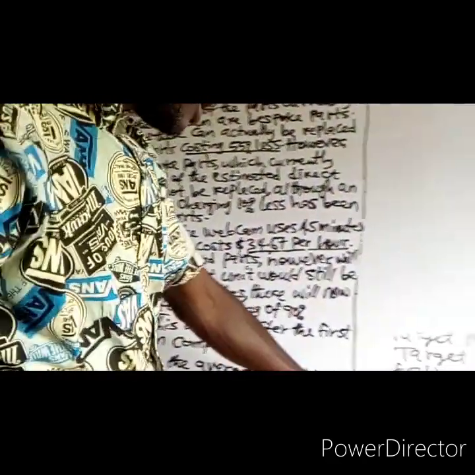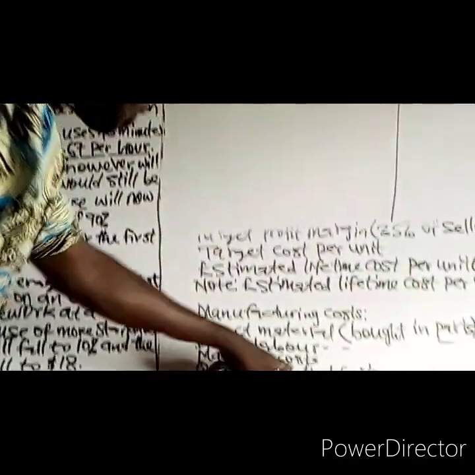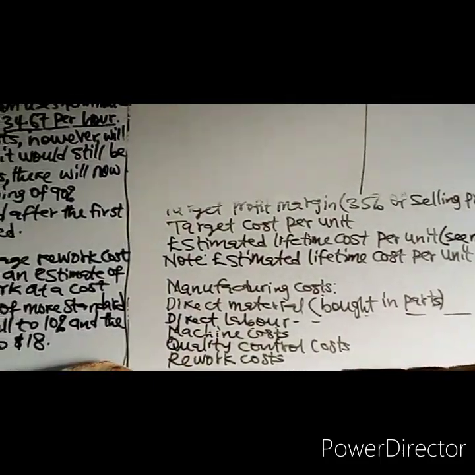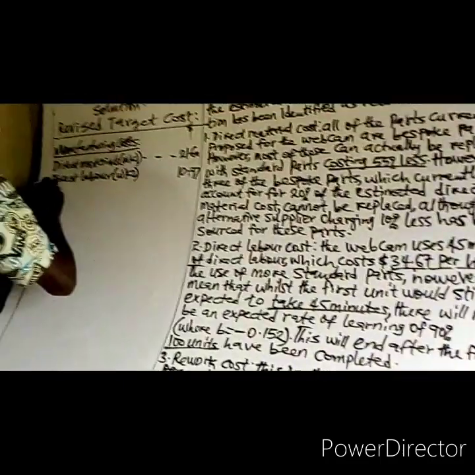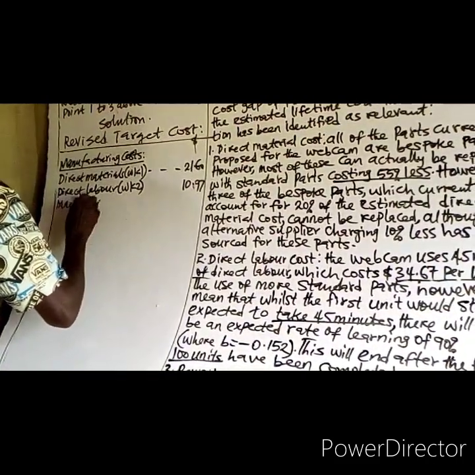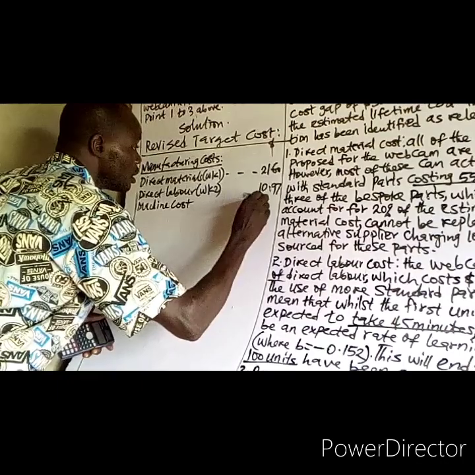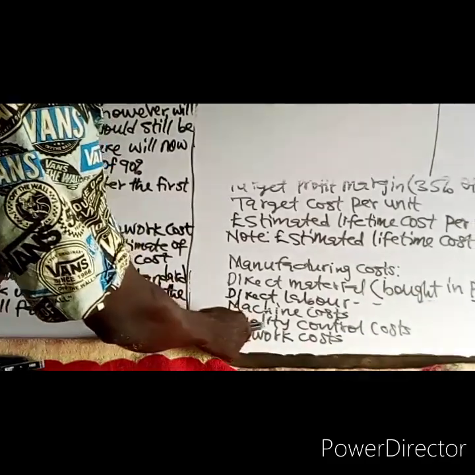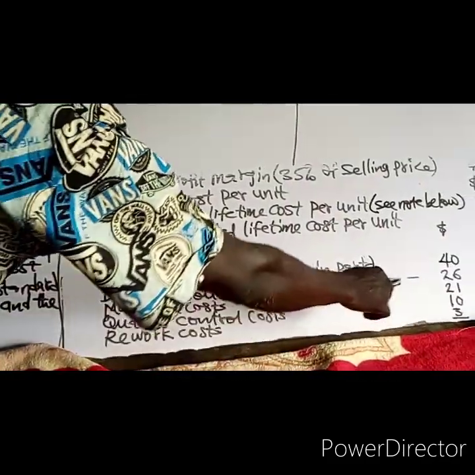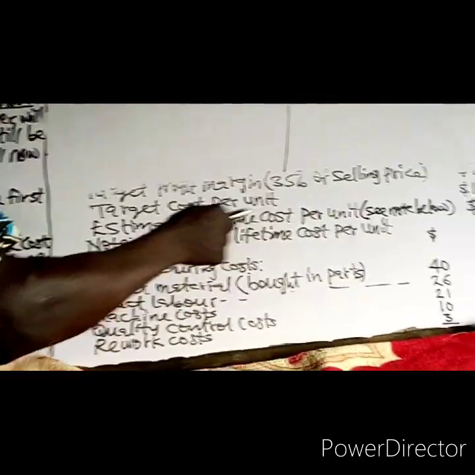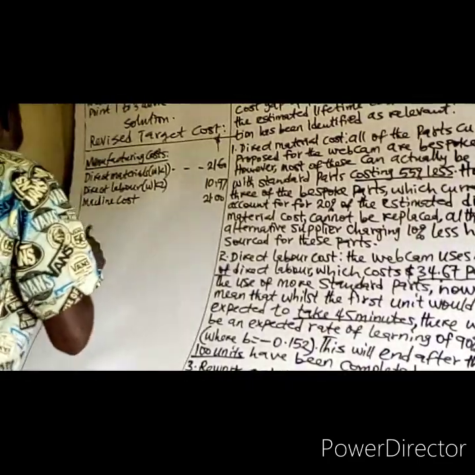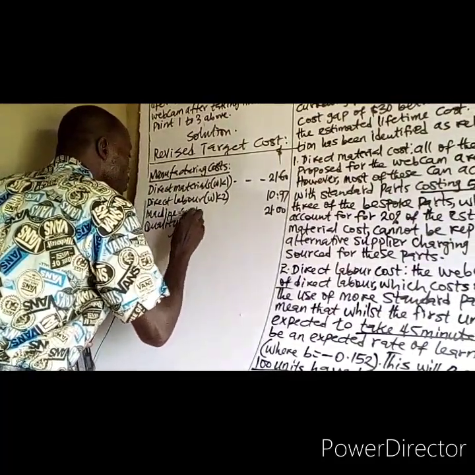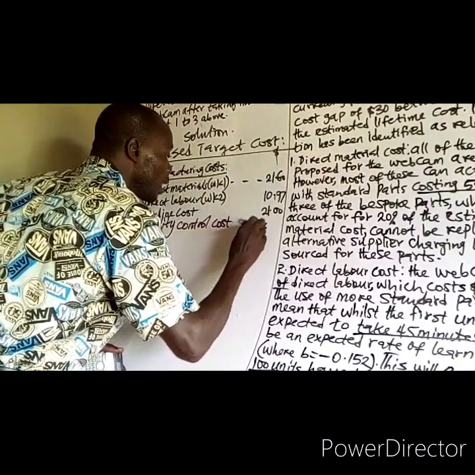Then we also have machine cost, and that is $21. There are no notes on machine cost, so you use that directly. Then we also have quality control cost, which is $10.